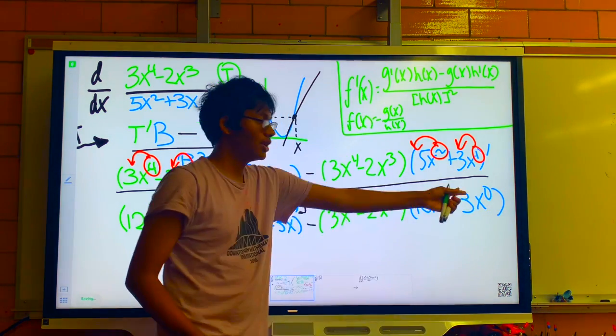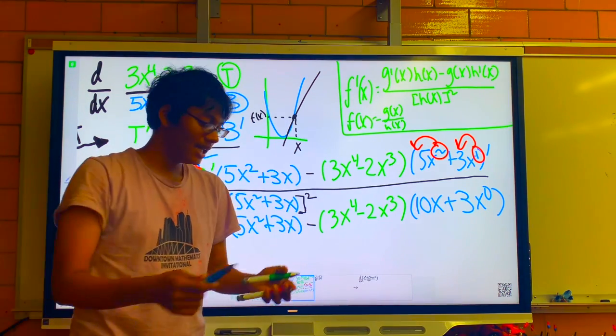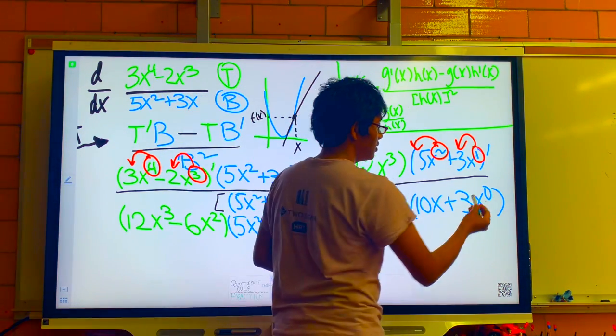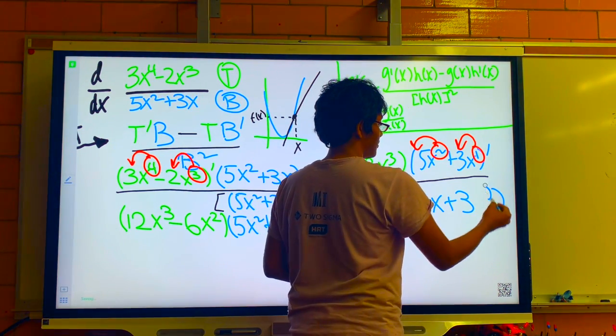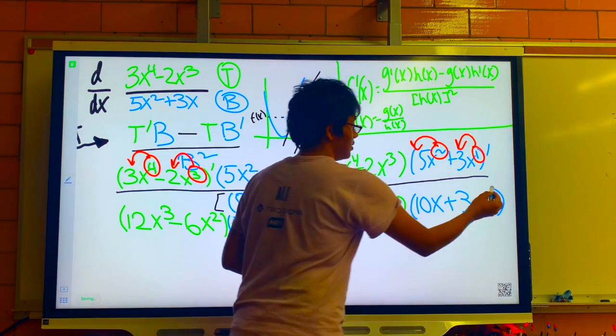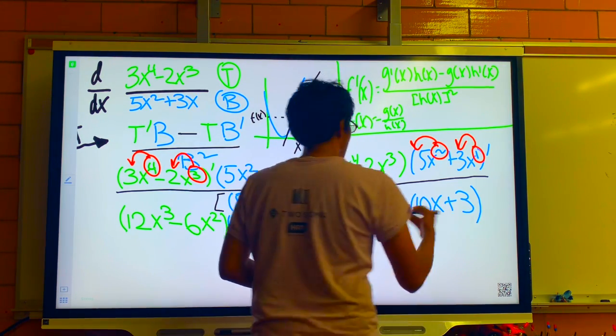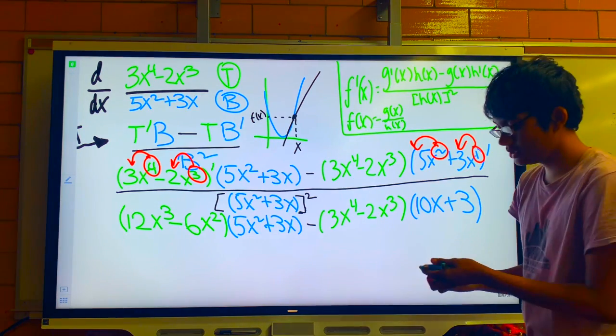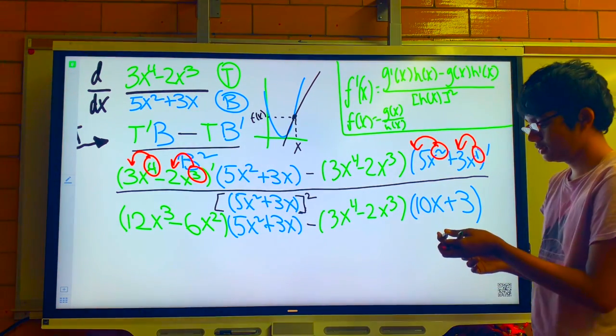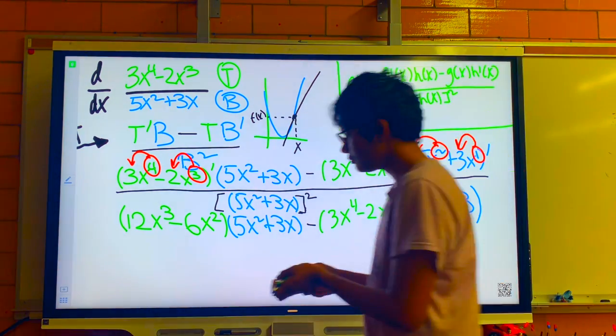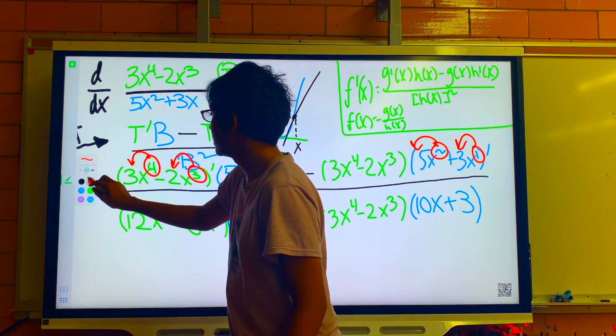So that 1 minus 1 gives you an exponent of 0. Anything to the power of 0 is simply 1. So we can just write 3. Just like that. And we're almost done. Now all we have to do is simplify this. But first, let me write the denominator.